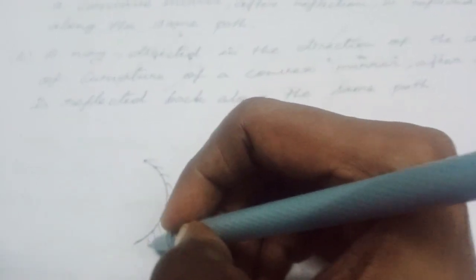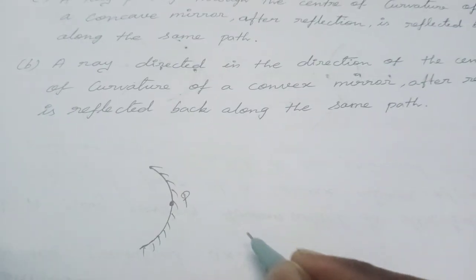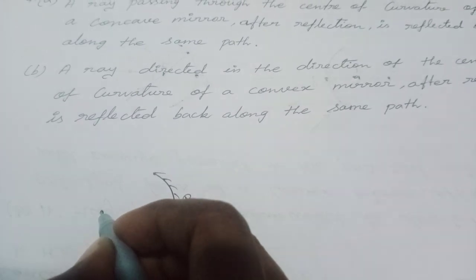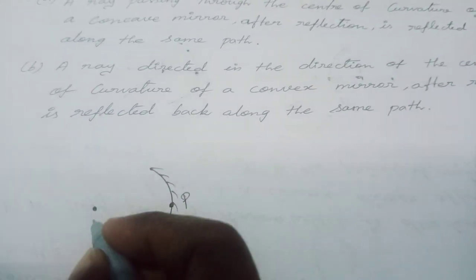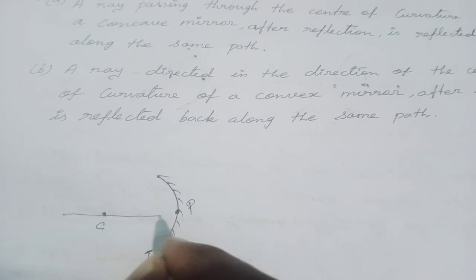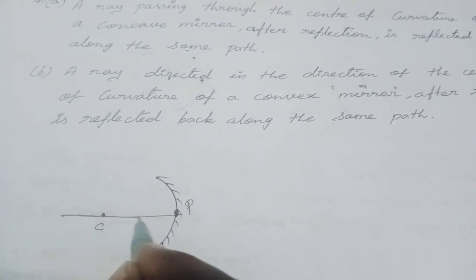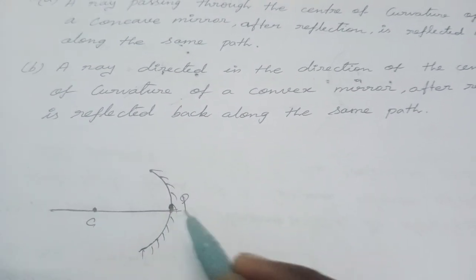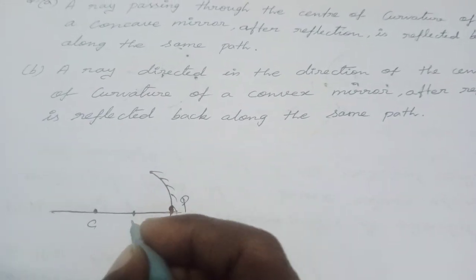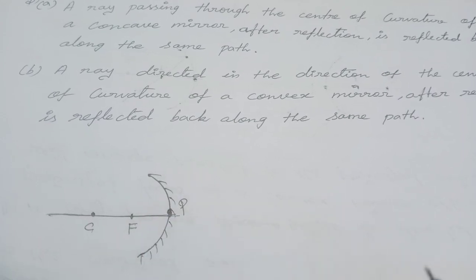So this is the concave mirror and the point P, that is the pole, and this is the center of curvature. The imaginary line which is passing through the center of curvature and the pole is called what? Principal axis, and this is the point that is represented as F, that is the principal focus.